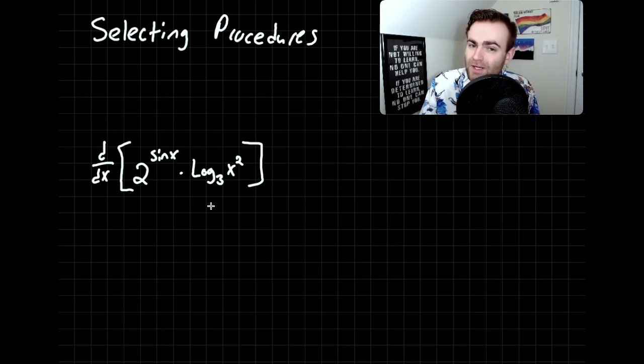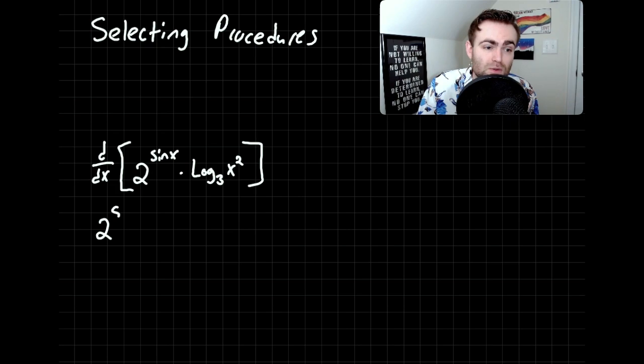I tried to make it obvious here, but the overarching thing happening in this function is multiplication of 2 separate functions. So we are using product rule here. That is the thing that is occurring first. There's going to be chain rule within the product rule, but the overarching structure is that of multiplication, that of the product rule. So I'm going to set that up in terms of my fish.